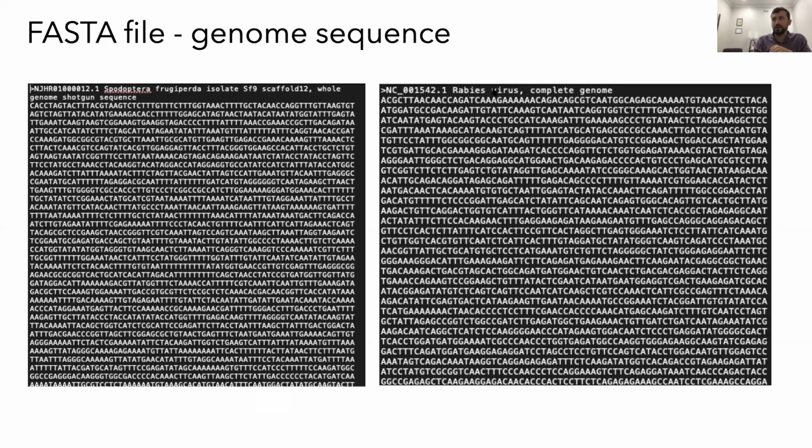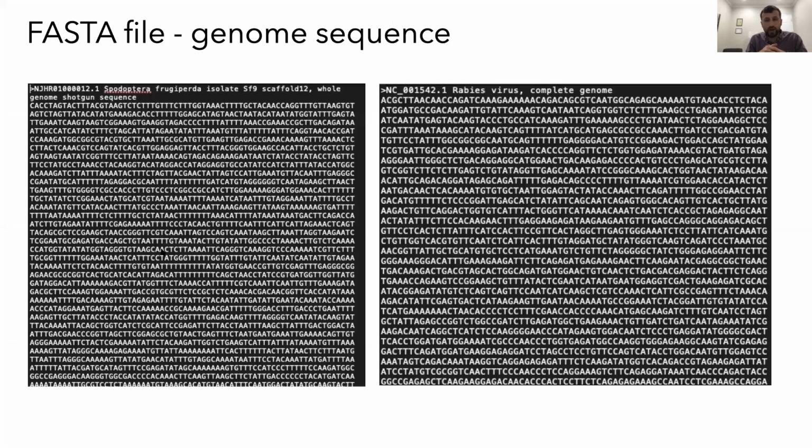Here you can see another example, rabies virus, the complete genome. If we look at the FASTA file from a human genome, we will see that file divided into chromosomes, so divided up into pieces. Sometimes we can get a FASTA file with multiple genomic sequences, and they will have these kind of separators between the actual sequences. So this is a FASTQ file.